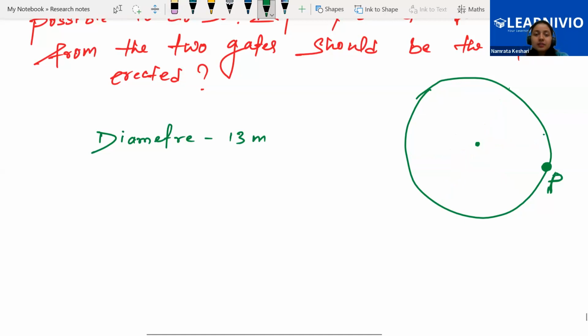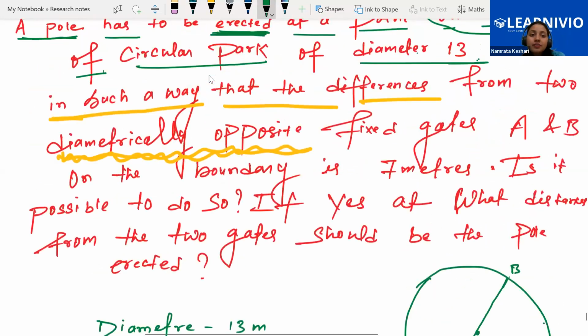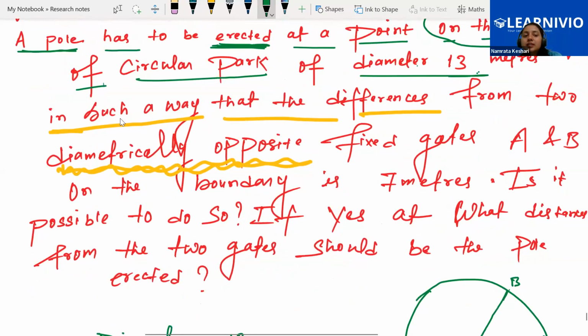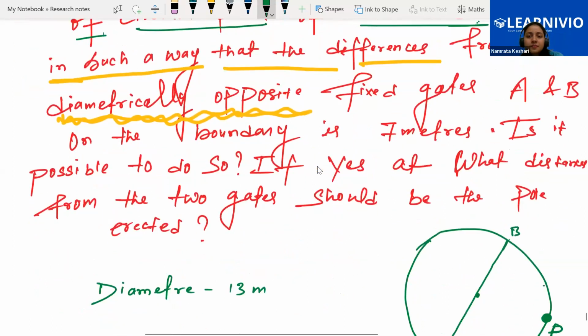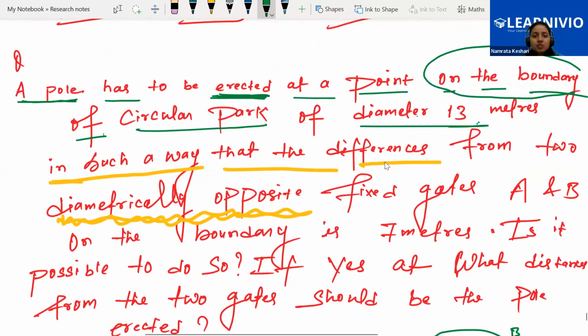Let's make a diameter. We can draw a diameter like this. Okay, and two gates are there, A and B, diametrically opposite fixed gate. It is clearly written in the question. Let me check the question.